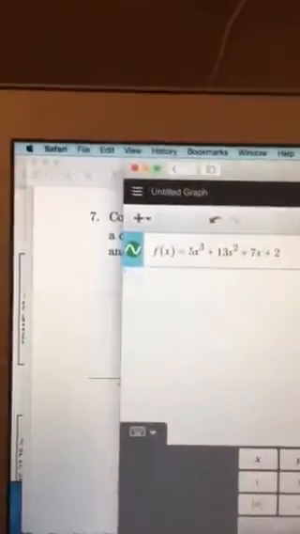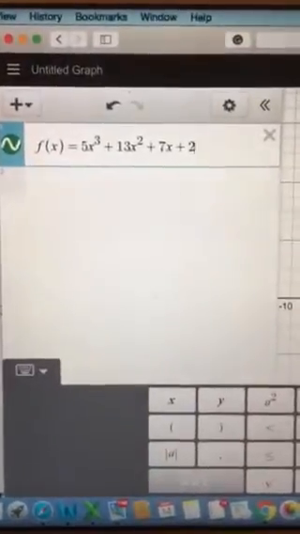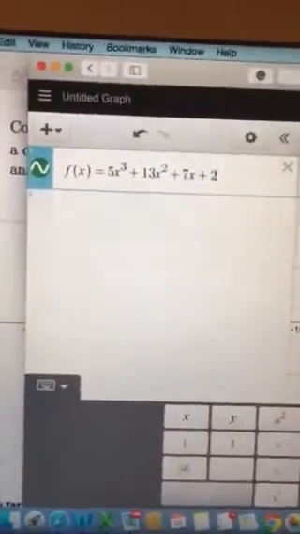So we have 5x to the third. I know it's a little unclear. Give me 1 second. Plus 13x squared plus 7x plus 2. Okay. Let's take a look at that. All right, so this is a cubic function.